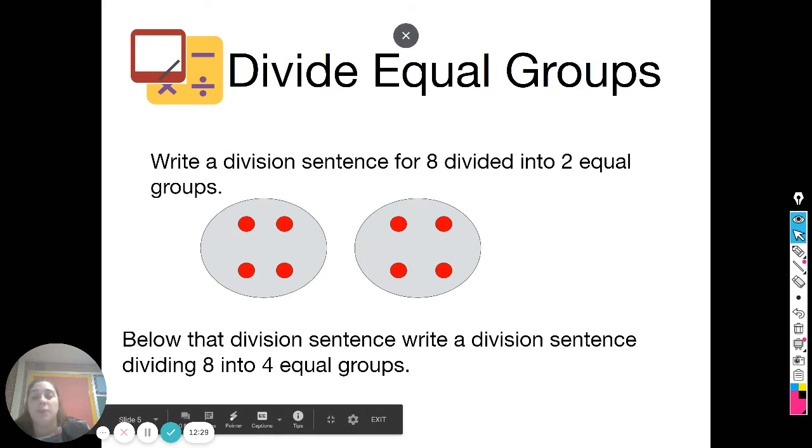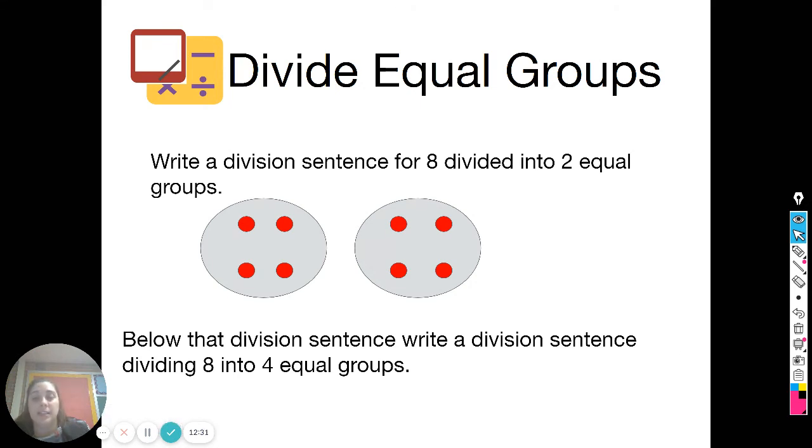Now I want you to write a division sentence for 8 divided into 4 equal groups. Before it was 8 divided into 2 equal groups. Now we want 8 divided into 4 equal groups.